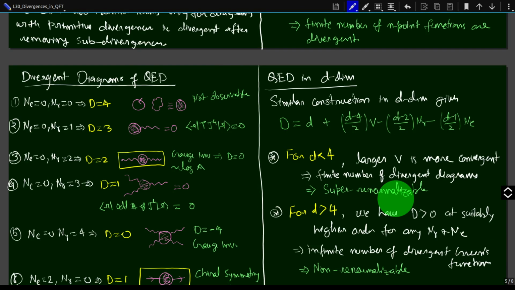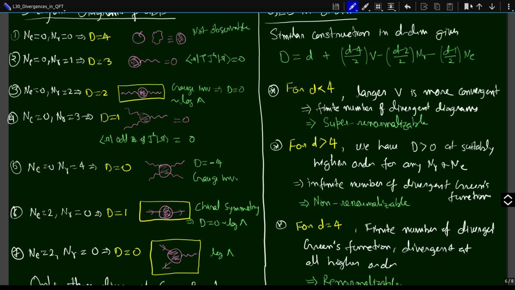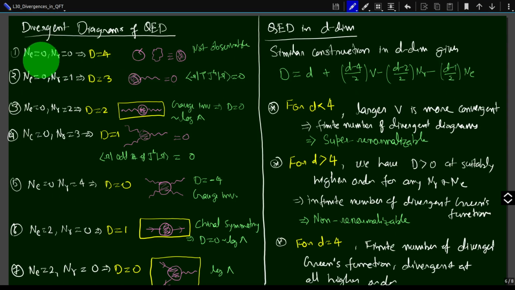We'll check further. Let's look at all the divergent diagrams of QED. For NE equal to 0 and N gamma equal to 0, the degree of divergence is 4, and these are all the bubble diagrams. They are not observable, so we don't care for them. Next comes NE equal to 0 and N gamma equal to 1, that has degree of divergence equal to 3 using the formula in the previous slide.